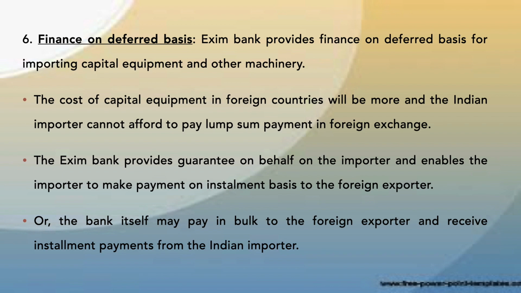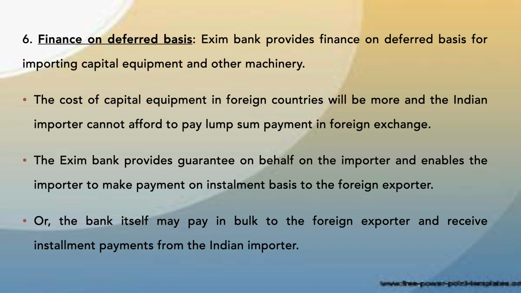Is that clear? Let's say A is the importer and B is the exporter, and in between them stands Exim Bank as a guarantee. First case is Exim Bank stands as a guarantee, and A, through the Exim Bank guarantee, will pay on installment basis directly to B. Second case is Exim Bank will pay the complete price or cost of the machine to B and close the account.